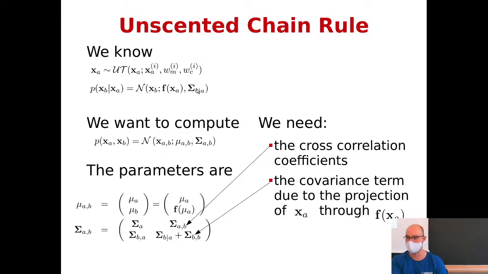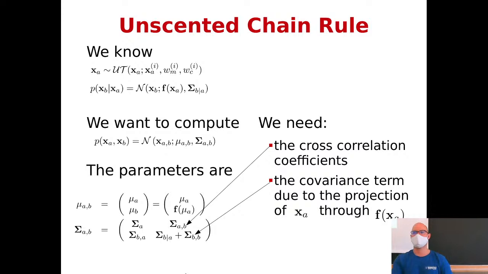Because if I have no uncertainty here, all the uncertainty of this joint distribution concerning xb over xb depends on the uncertainty which is projected through xa. Now, this we can recover because it is nothing else than the covariance matrix extracted from the sigma points over the variable xa. This we don't know much, and this also we don't know much.